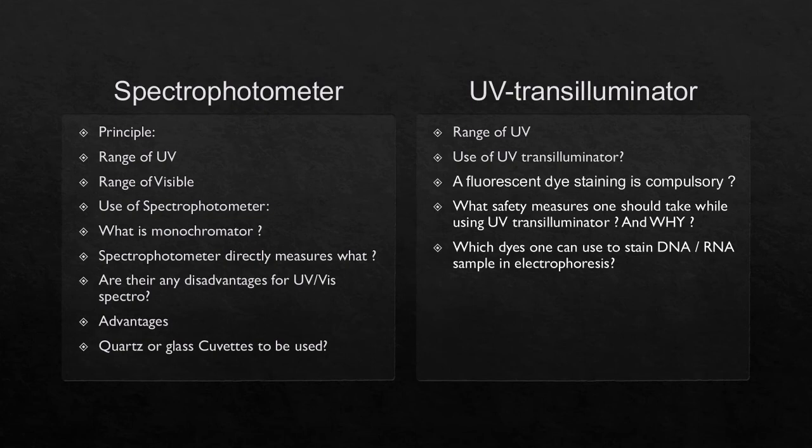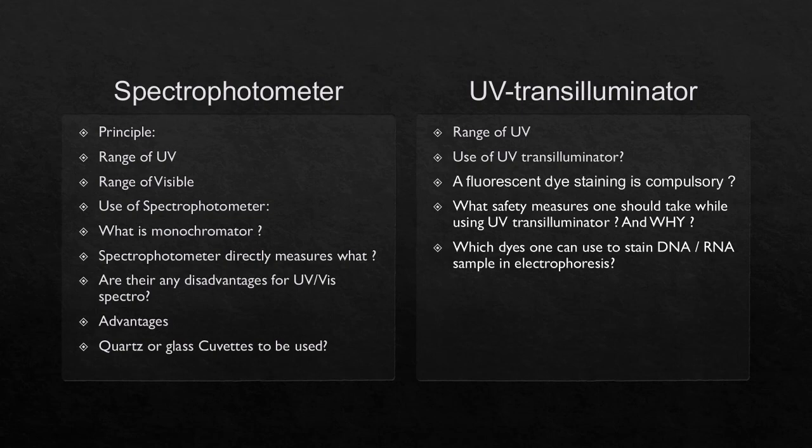Is it compulsory or not? And which dyes are used for staining your gel? For proteins which dyes are used, and for DNA which fluorescent dyes are used? The next is what safety measures one should take while using UV transilluminator and why?